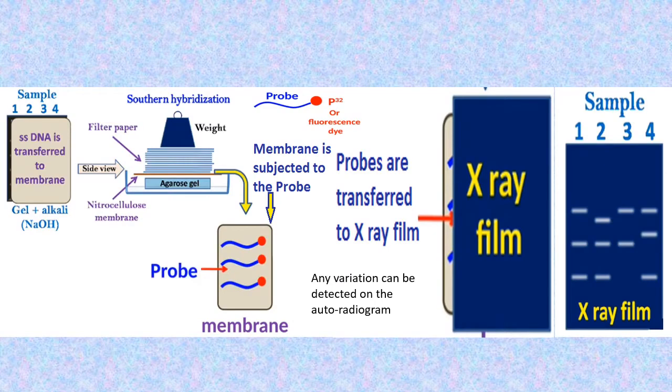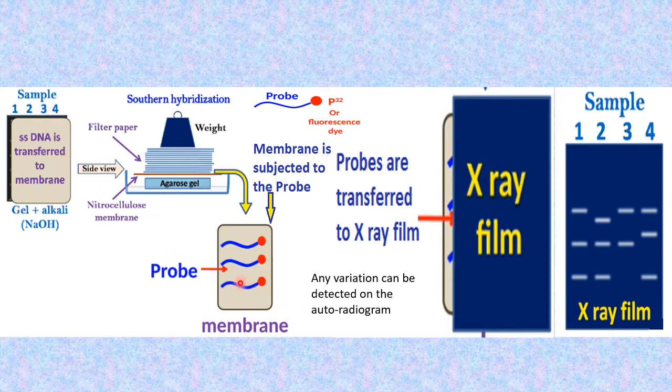So these RFLP probes are incubated with the membrane on which now we have got single stranded DNA. So when they are incubated together, these probes will hybridize, they will form double stranded stretches to their complementary strand on the DNA present on this membrane.